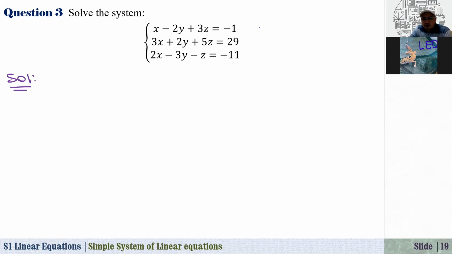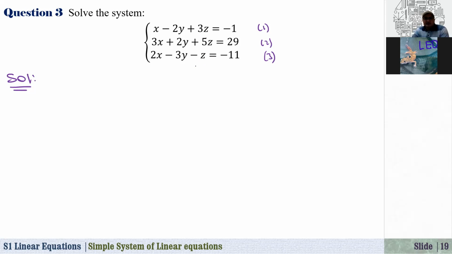So first, to eliminate, this is our first equation, our second equation, and our third equation. I need to eliminate z. How can I eliminate z? First, I multiply the third equation by 3 and add it to the first one.